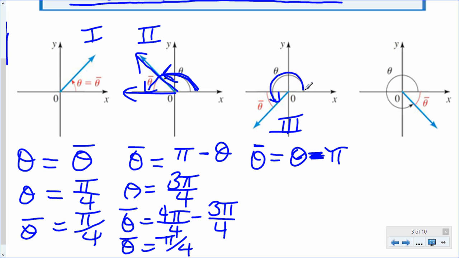So basically, if this is theta, if we subtract 1 pi, we'll be left with the reference angle.